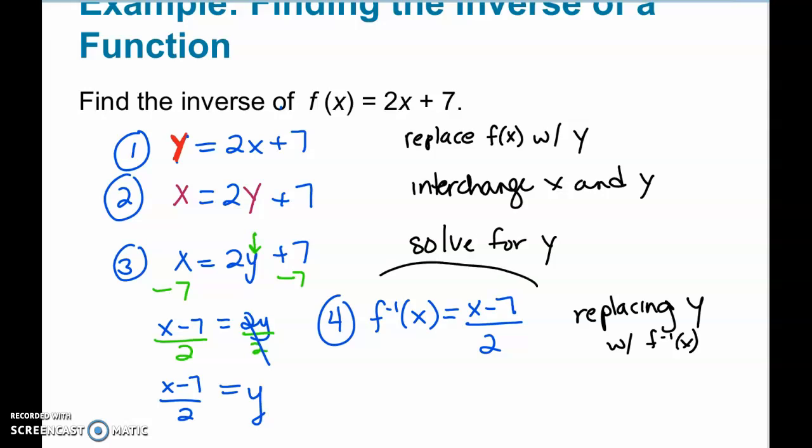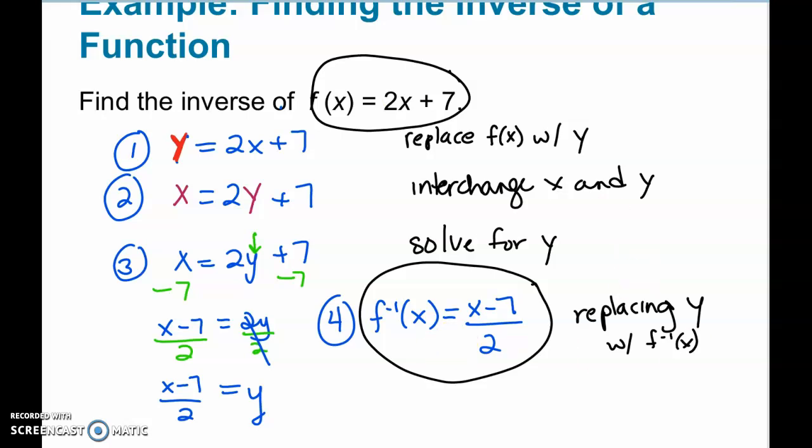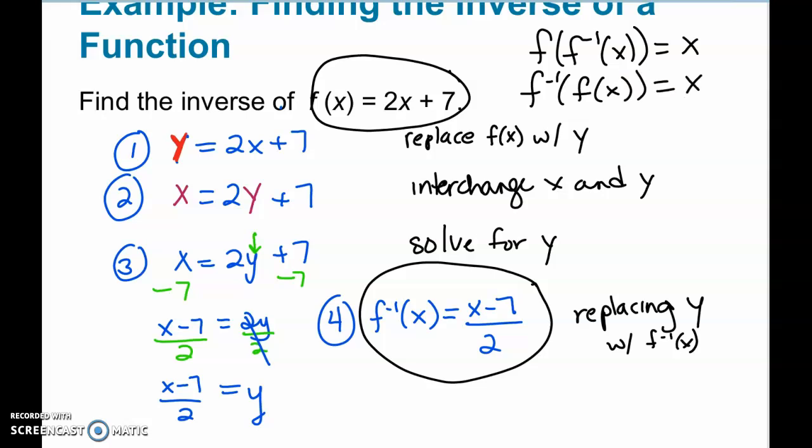So this right here is the inverse of this. Now, we can verify it by doing the composition. If you took f composite inverse, you should get x. And if you did the reverse, inverse composite f of x, you will also get x.